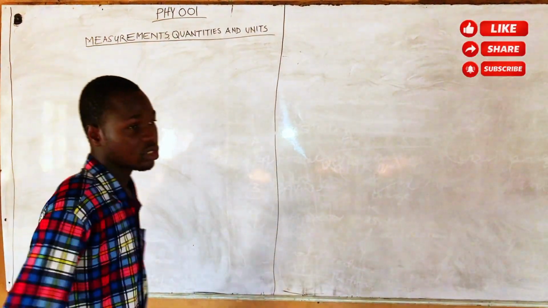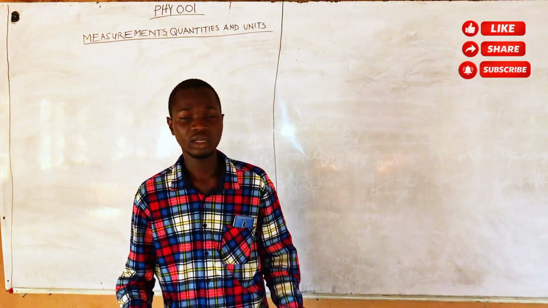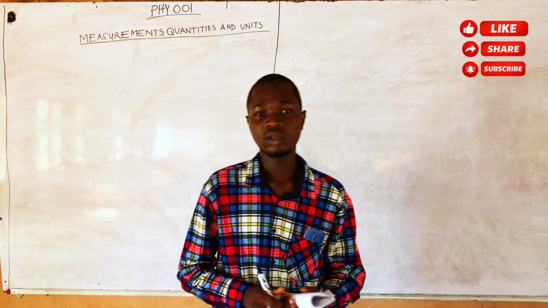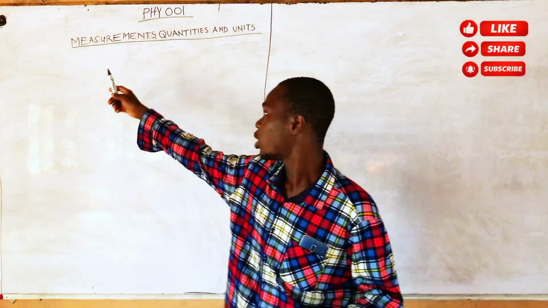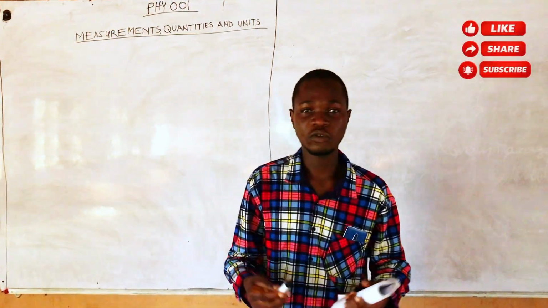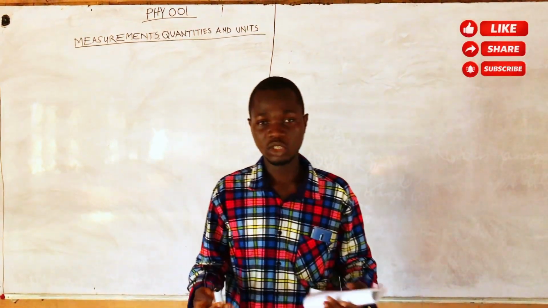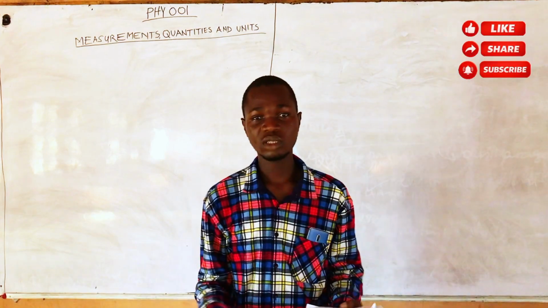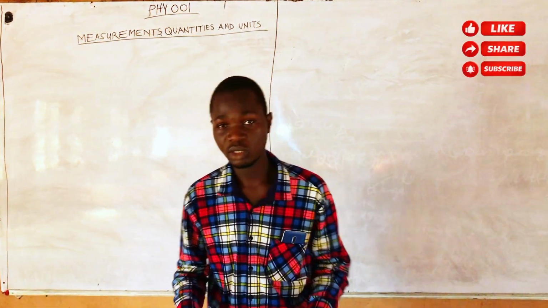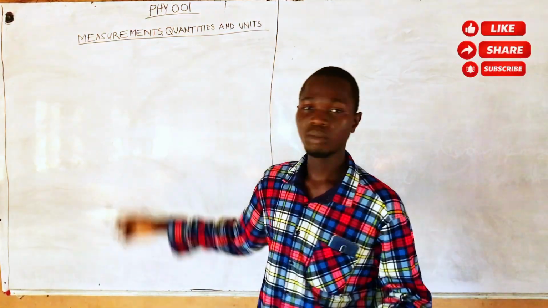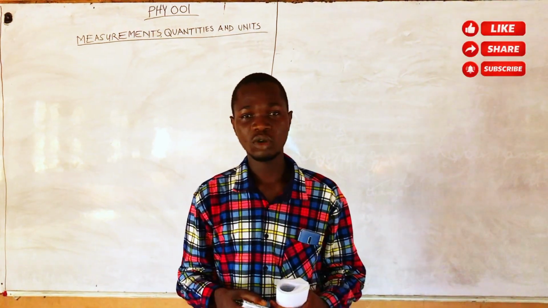So, talking about measurements, in the world we are in today, we talk about science, and in science, measurement is one of the processes in discovery. If a scientist wants to carry an experiment out, a measurement must be there.